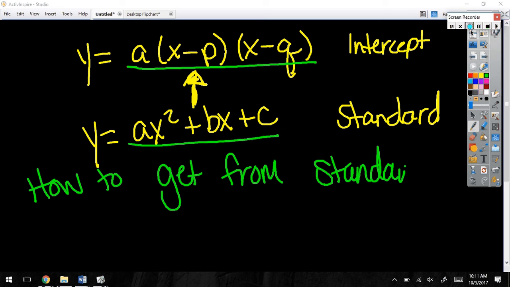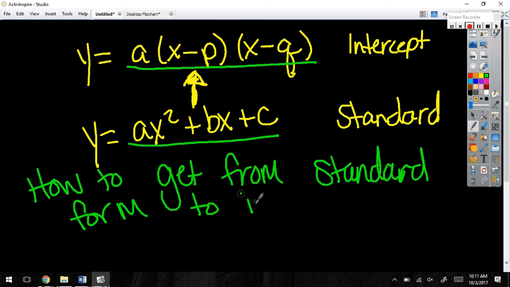All right. How do we get from standard form to intercept form? Tell me again, DeAndre. How do we do it? Look at this one. Take what you know. There's variables in it, but that's okay.